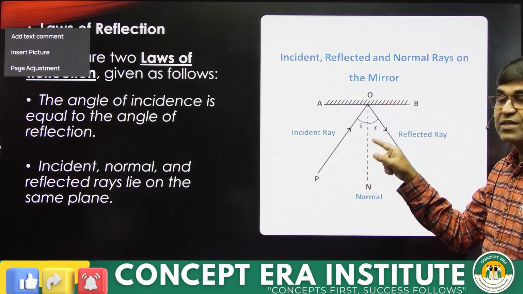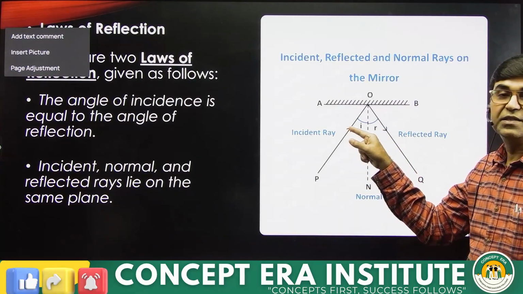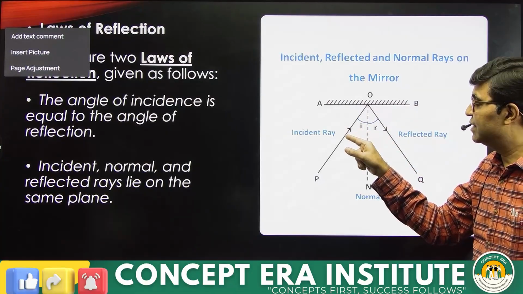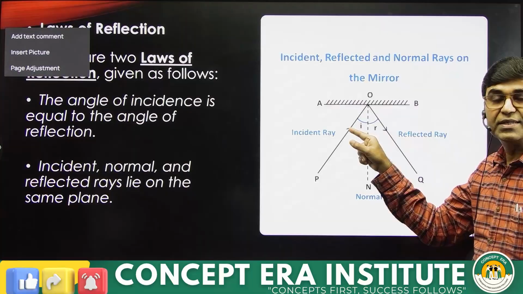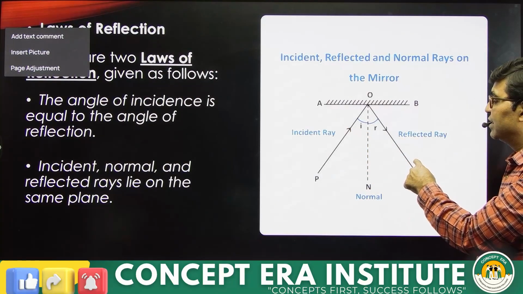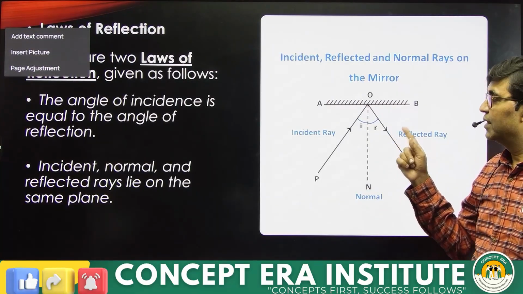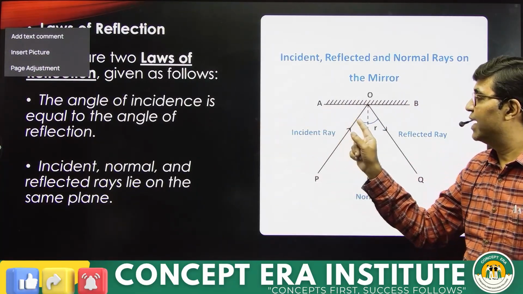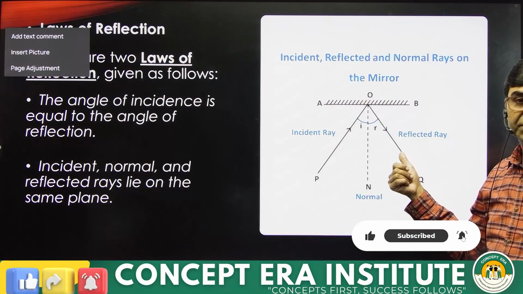Angle of incidence is always calculated from the normal to the incident ray. That means the angle between the incident ray and the normal is known as angle of incidence, and the angle between the reflected ray and the normal is known as angle of reflection. The first law states that the angle of incidence is always equal to angle of reflection.